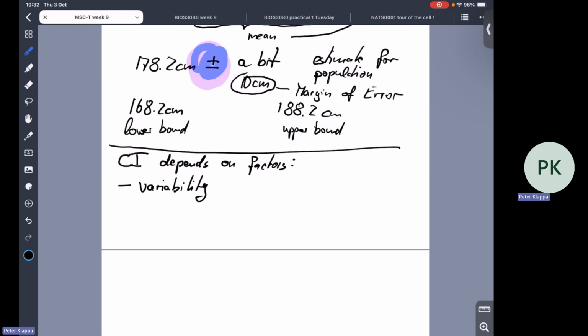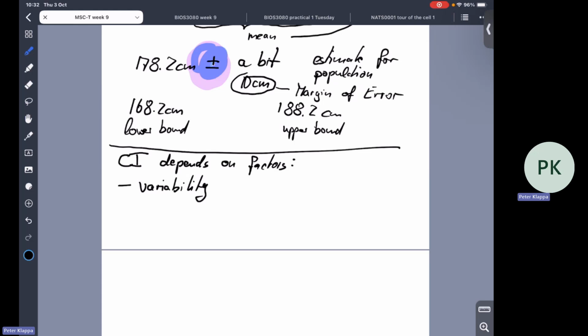Variability of what? Let's think about it. Let's say everybody in the room was 178.2 centimeters, 178.2, 178.2, and so on, everybody was.